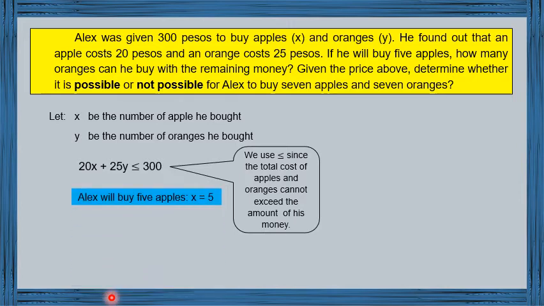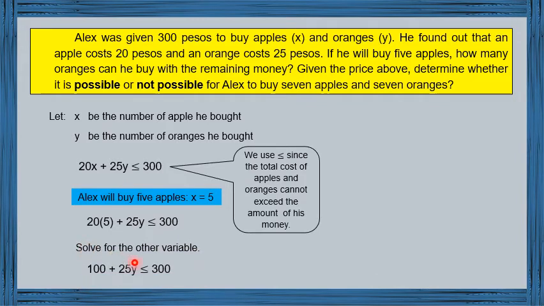So Alex will buy 5 apples, according to the given, x equals 5. We're going to substitute the 5 into x, and then multiply 20 times 5. Solve for the other variable, so 100 plus 25y less than or equal to 300. And then we're going to transpose 100 to the right side, so we use the subtraction property of inequality.